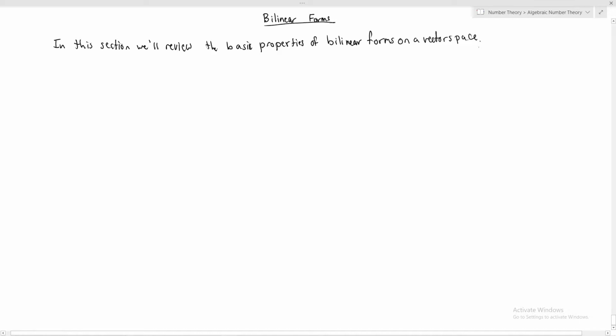So basically the reason why this is important for number theory is that the notion of trace from the last couple lectures actually gives rise to a really important bilinear form, with the same name.